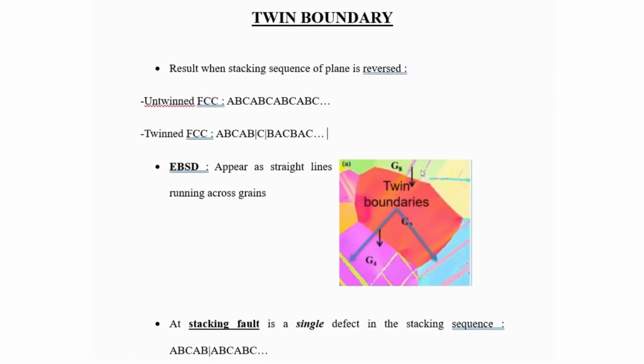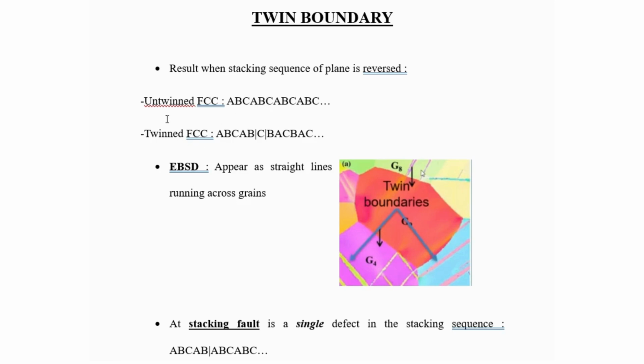Now I'm going to talk about what results when the stacking sequence of planes is reversed. A twin boundary results when the stacking sequence of the plane is reversed. Let me give you an example in FCC. If we have an untwinned FCC material, then the stacking sequence is ABC, ABC, ABC, ABC, where A, B, and C are the different plane locations.